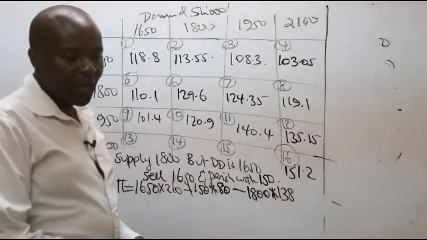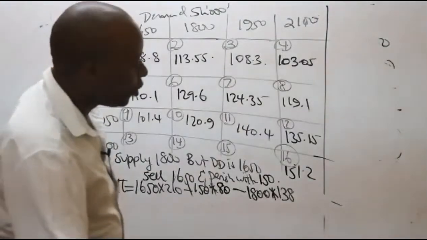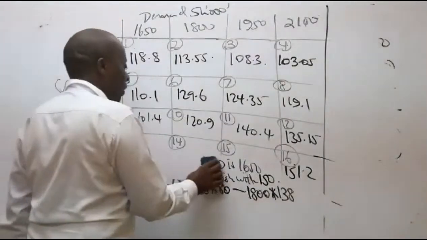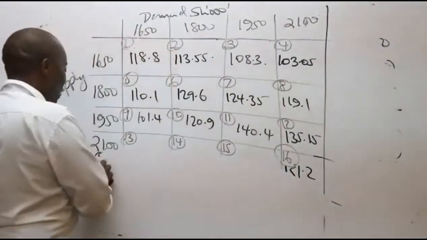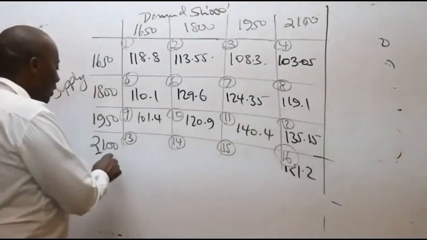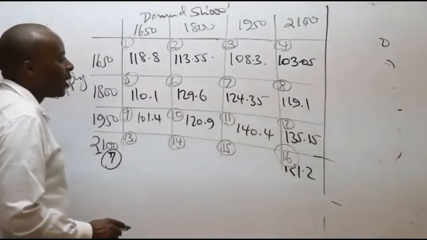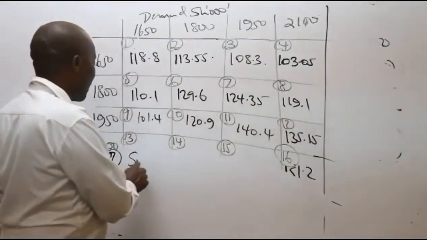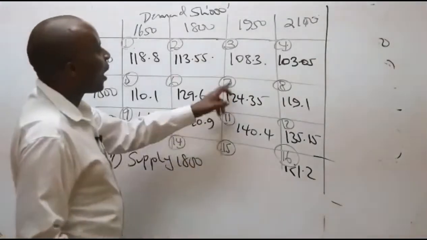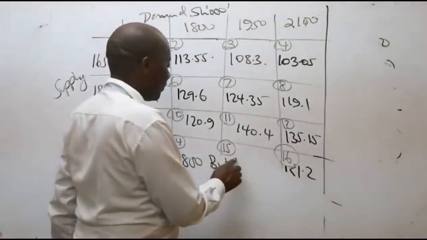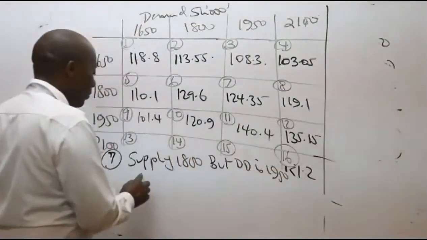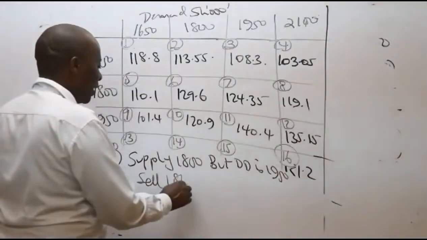So in this case here, Omar wants us to do cell number 7. For cell number 7, ladies and gentlemen, I can see the supply is 1800, but demand is 1950. So in this case here, I'm going to sell the lower, sell 1800.